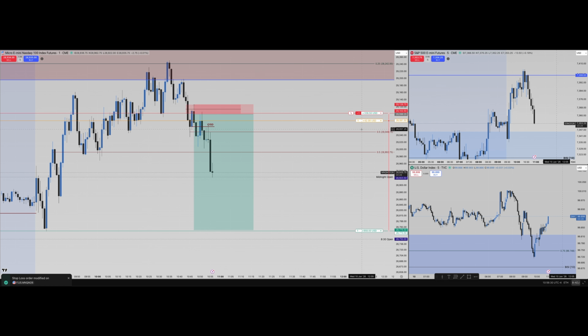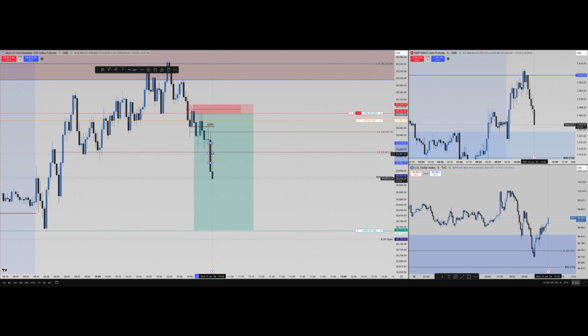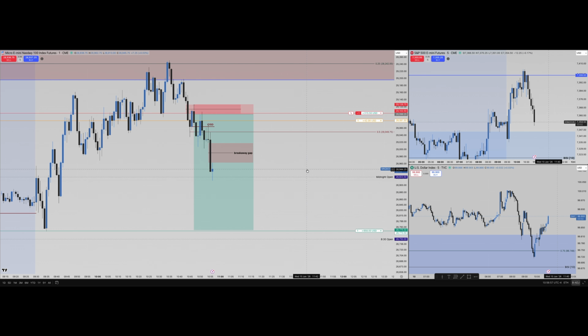Now just eyeballing, this displacement candle is near the equilibrium of the current dealing range. So I would like to see it being used as a breakaway gap, which is what I'm annotating there. It hasn't formed fully yet, but I would like to see it stay open.